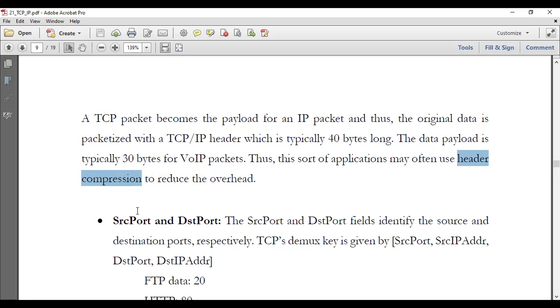Header compression can also be used for other applications, but voice invariably uses it, which reduces the header bytes. I explained this header compression in detail in my book. There are actually a few techniques. With some negotiation, the header bytes can be reduced from 40 to only 8.